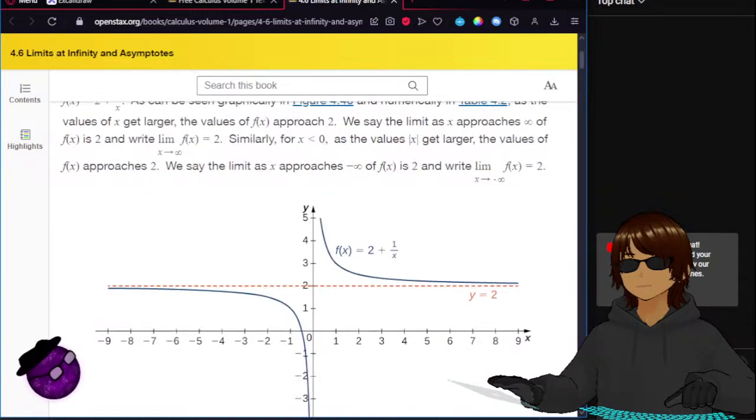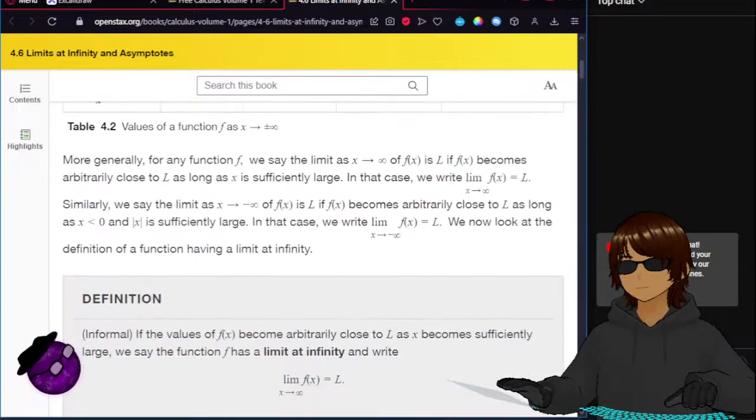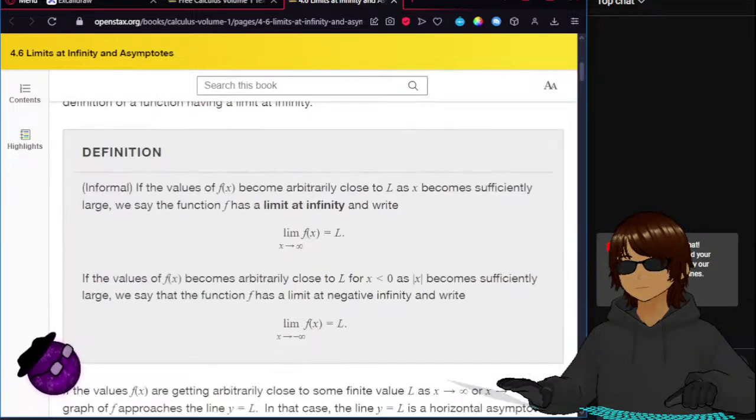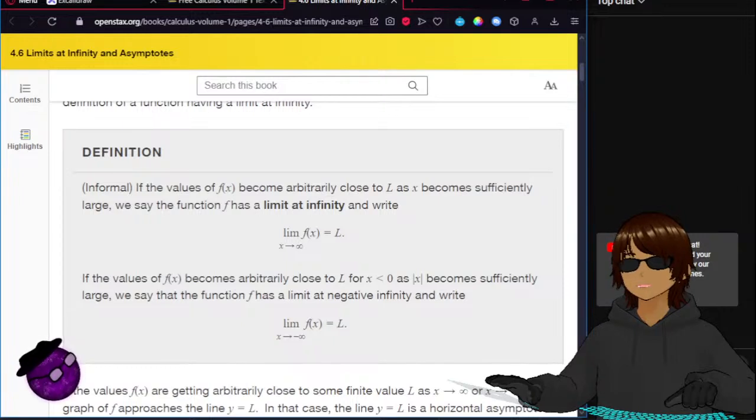Alright, so as x goes closer and closer to infinity, f of x gets closer and closer to 2, but never exactly touches 2. Informal definition: if the values of f of x become arbitrarily close to L as x becomes sufficiently large, we say the function f has a limit at infinity.